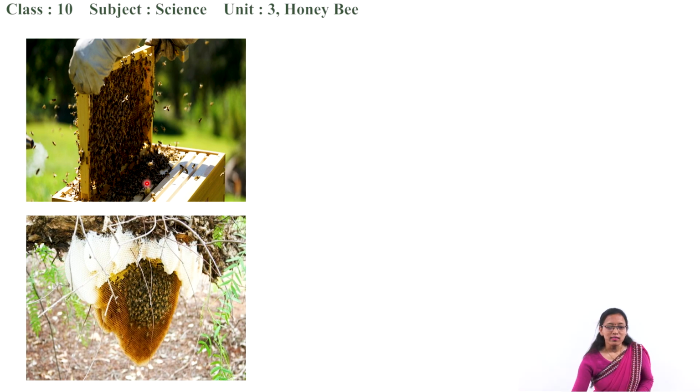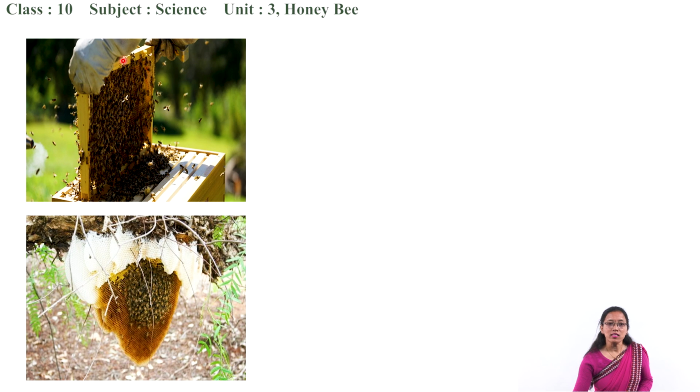Okay, what is this? There are two types of pictures shown here. Can you identify which pictures these are? In the above picture, someone is holding a frame made by humans, and there are also so many insects. Which insects are these? Yes, these are the honeybees.